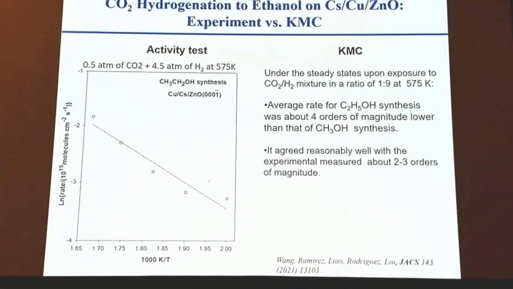If you're doing the KMC simulations, we actually find that you do see the production of ethanol under these conditions. But unfortunately, it's not as active as the methanol production, which is four orders of magnitude lower, and that's actually consistent with the experiments, where they show a 2 to 3 order of magnitude difference.